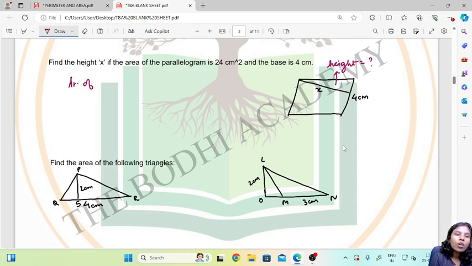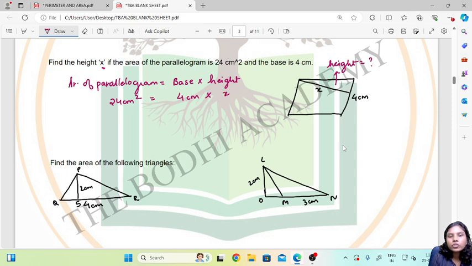So area of parallelogram is equal to base into height. The area of the parallelogram is 24 cm square and base is 4 cm. Height is x, which we don't know.